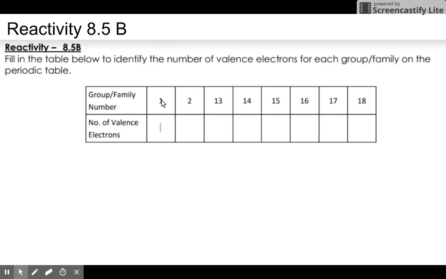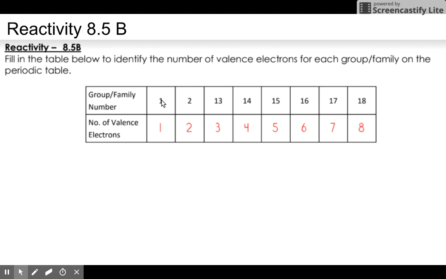The next one is 2, so that should have 2 valence electrons. And then it skips over to 13. All you have to do is drop the 1. So group 13 or family 13 has 3 valence electrons. Group 14 has 4, 15, 5, 16, 6, 17, 7, 18, 8.